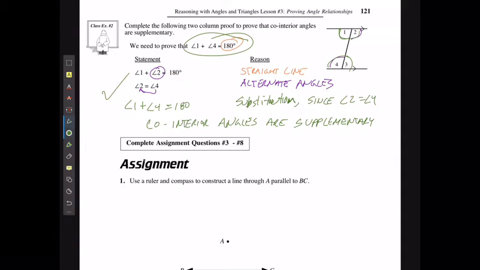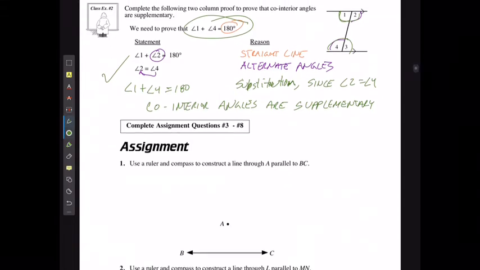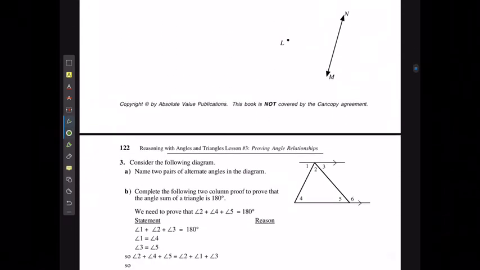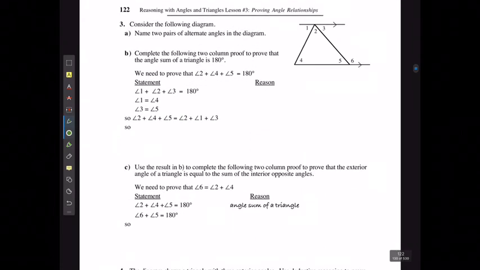I don't usually do this, but I want to do one more example with you, and we're going to go to assignment question 3, just to carry this idea forward. So, first, we're going to take a look at this diagram, and it wants us to name 2 pairs of alternate angles. Well, the alternate angles, if I'm creating a Z shape, are going to be 1 and 4.